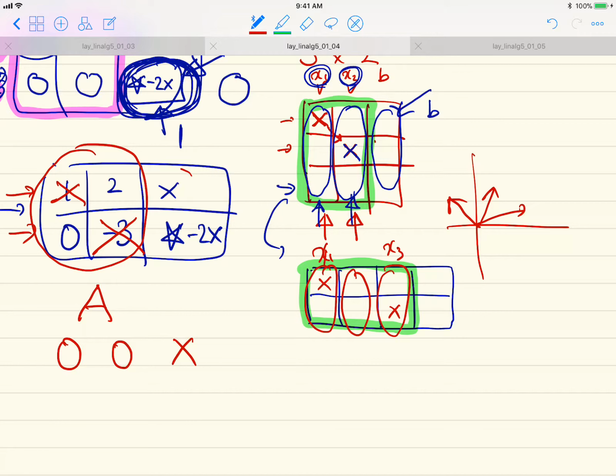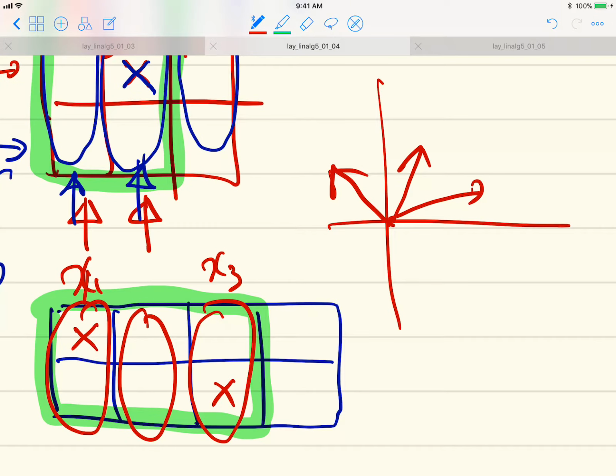Let's consider the linear combination of these three vectors, v1, v2 and v3. Let's just ignore v3 at first, so let's set its linear combination coefficient as 0. Then let's think about the span of v1 and v2.